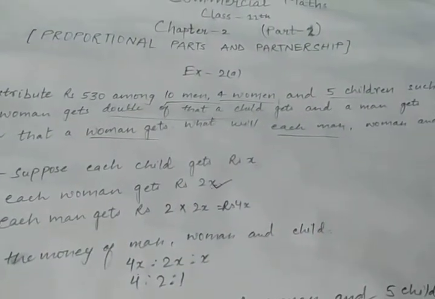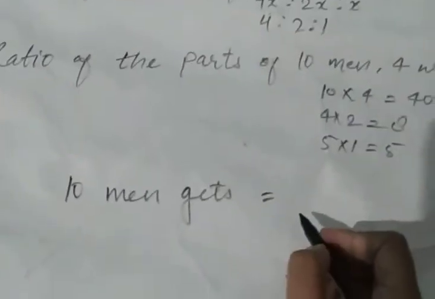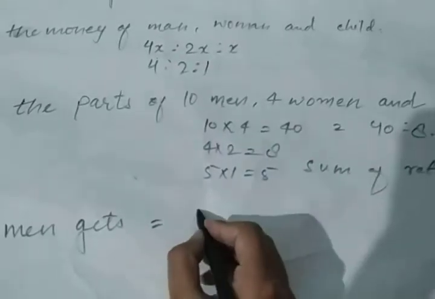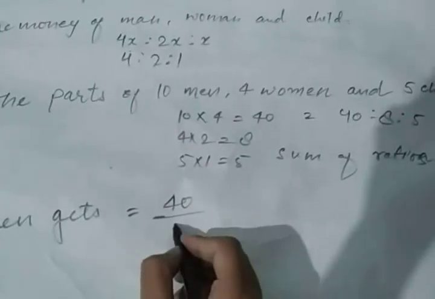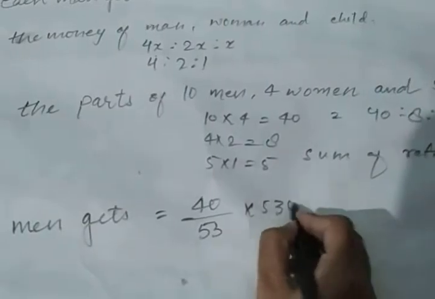Now we have to find what the 10 men get. The 10 men's share is 40, the total is 53 and the total quantity is 530.